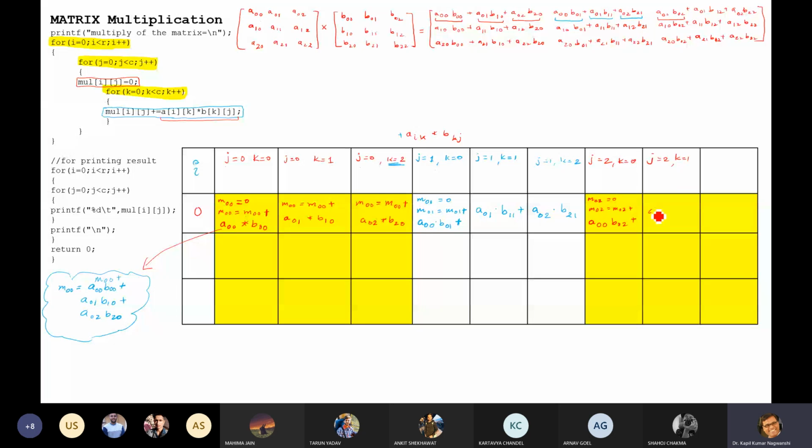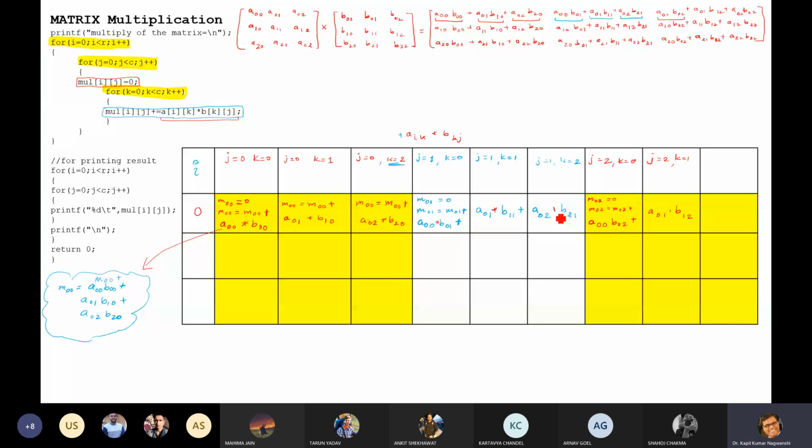So A IK, I is 0 and K is 1, multiplied by B KJ, K is 1, J is 2. Whatever I am using as a dot here is actually multiplication. Let me write multiplication so that it is very easy.